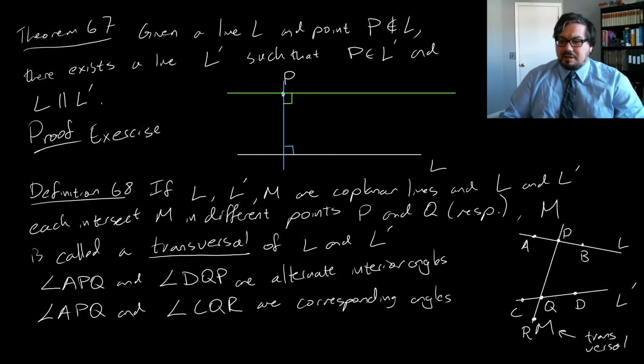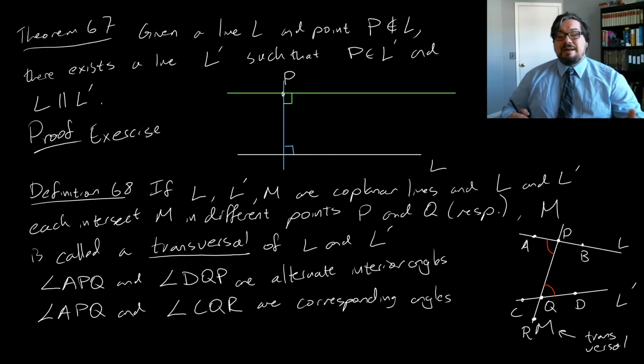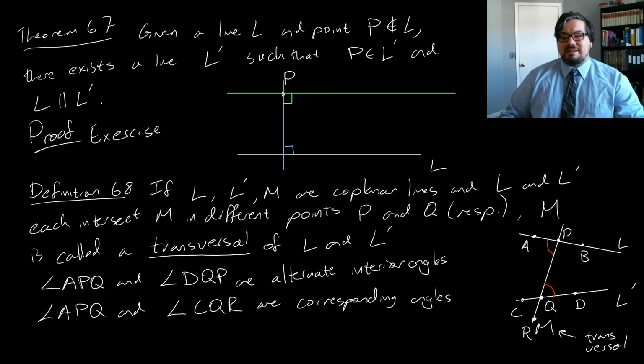So the alternate interior angles are like the red ones here. They are both between the two lines, L and L prime, sort of, and they are on opposite sides of the line M.